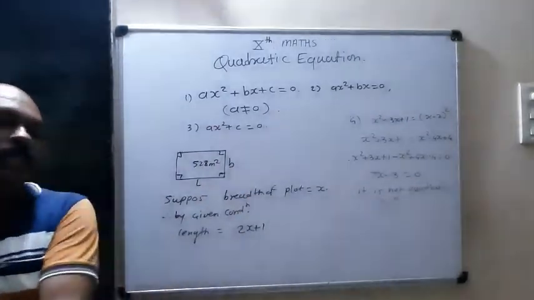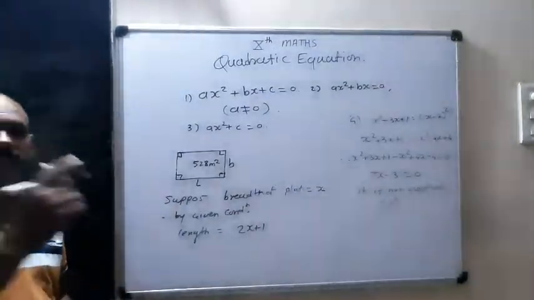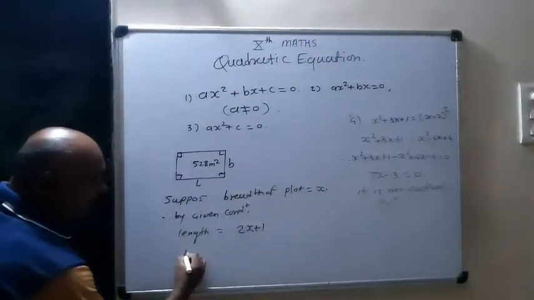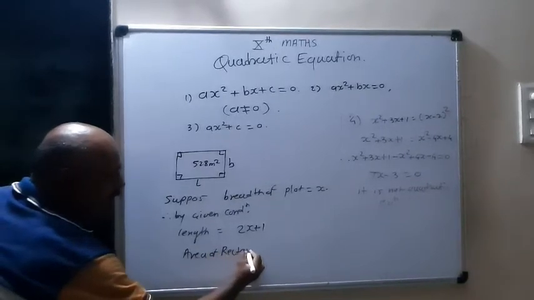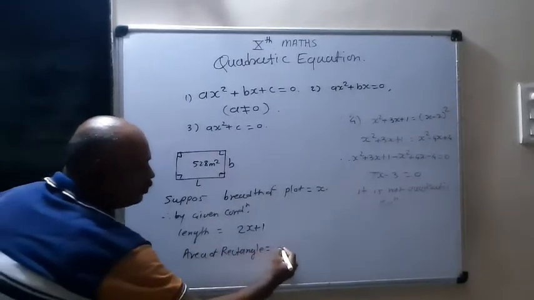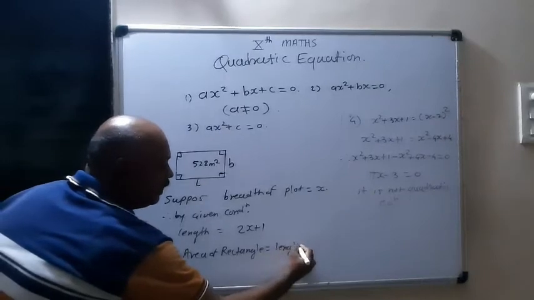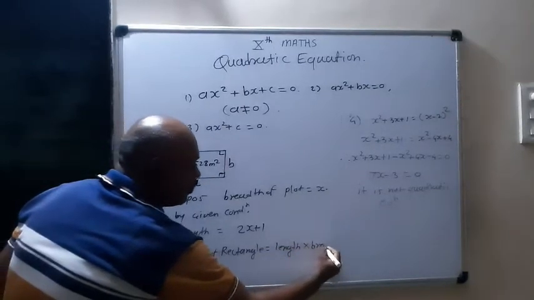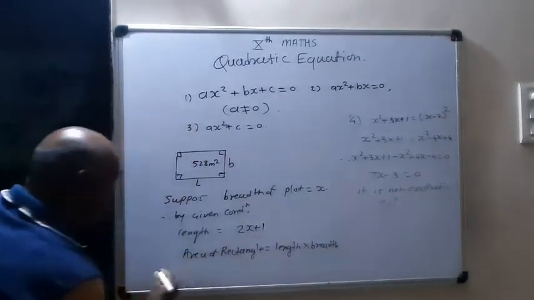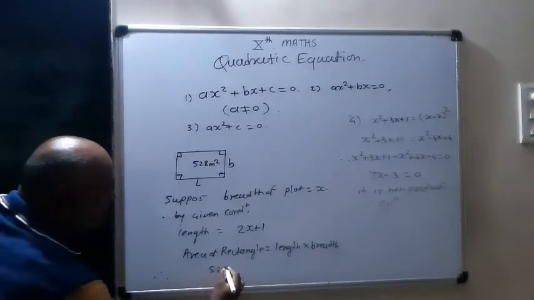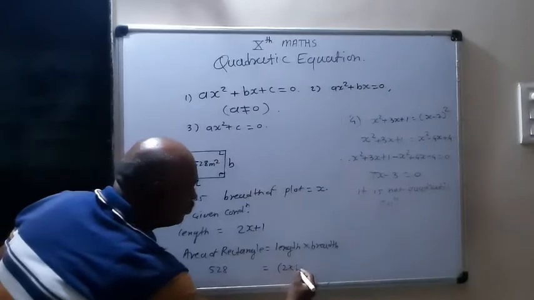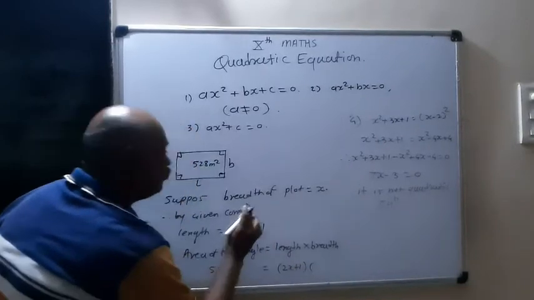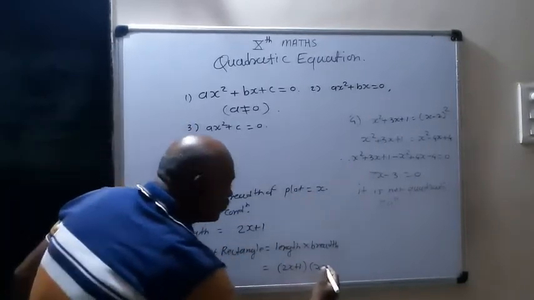Then the relation of this problem is that the area of a rectangle is equal to length into breadth. Therefore, 528 is equal to (2x plus 1) into x.